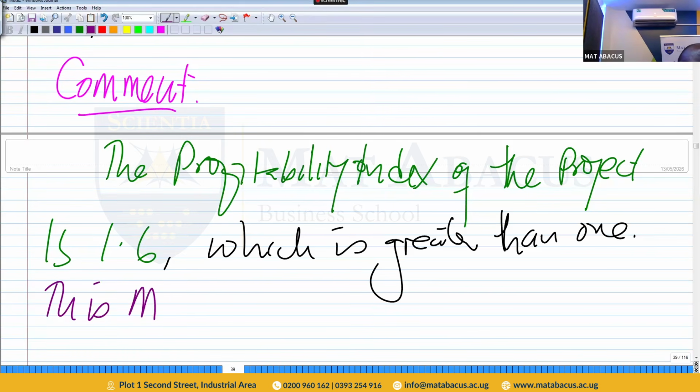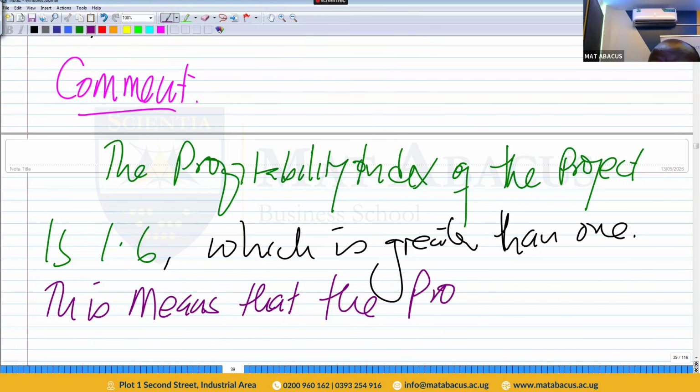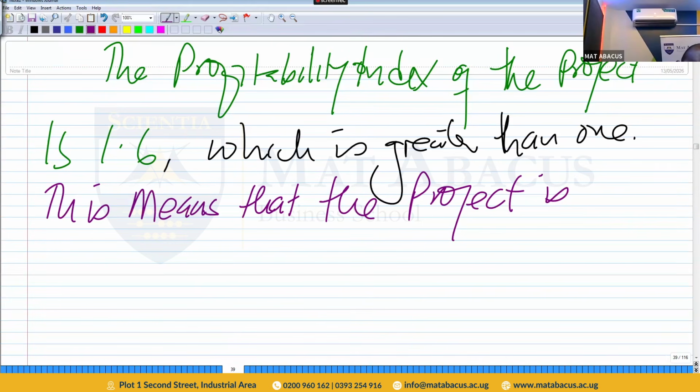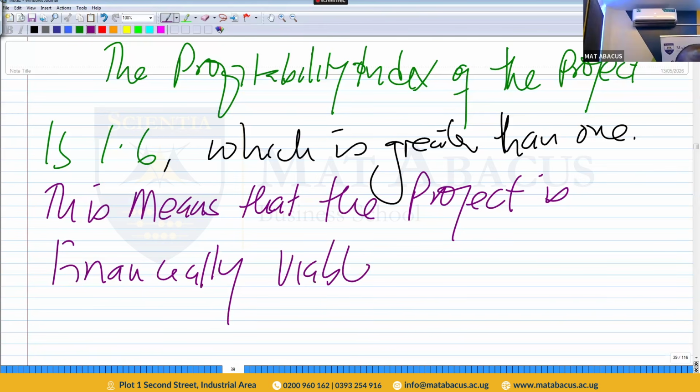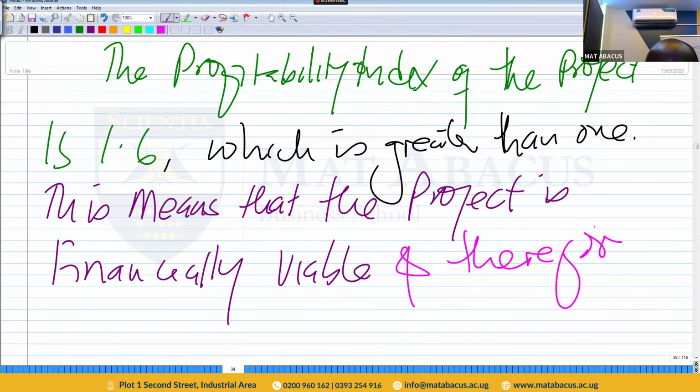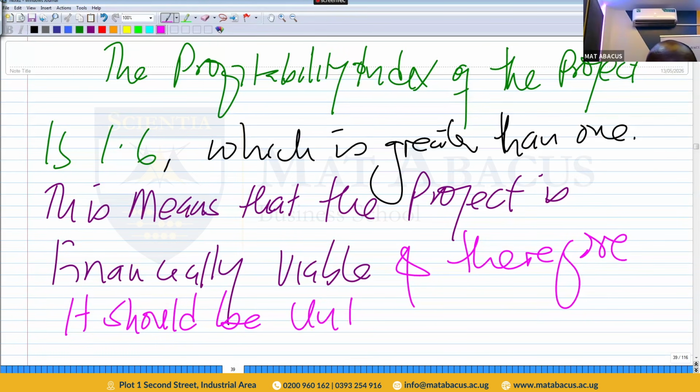This means that the project is financially viable, and therefore it should be undertaken.